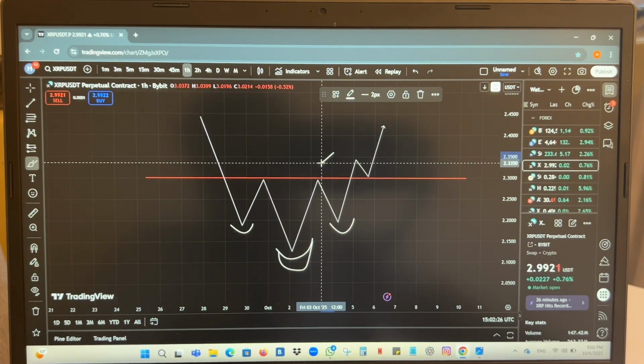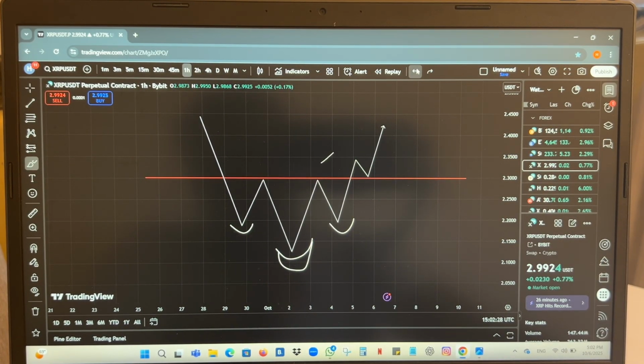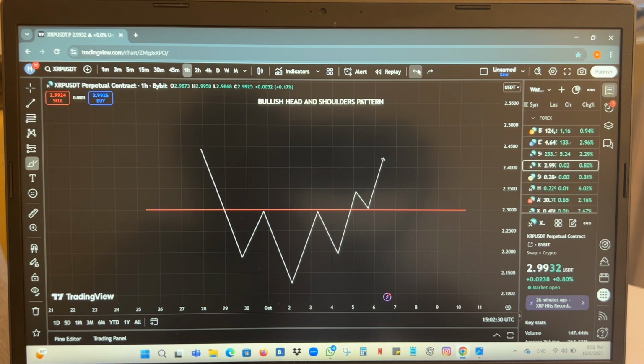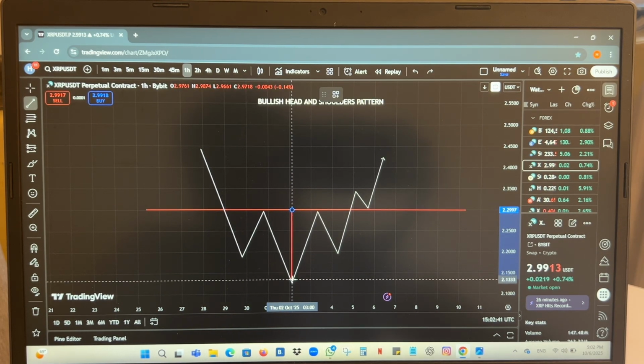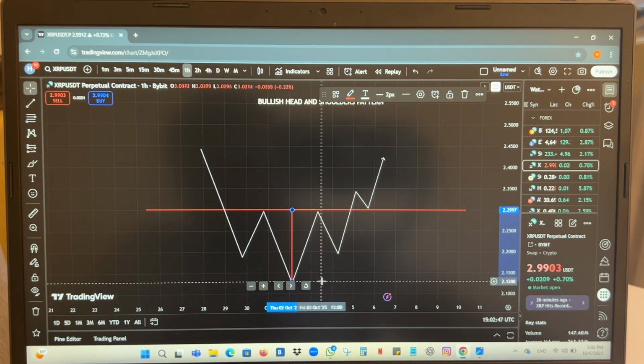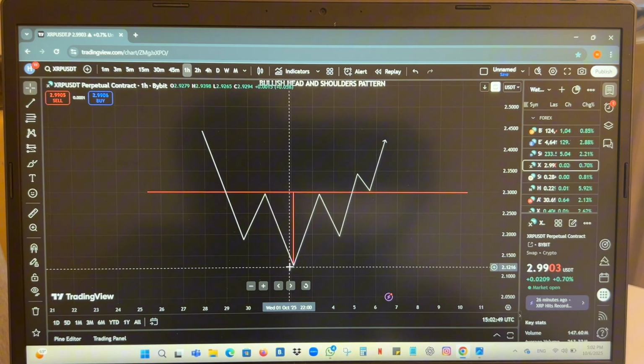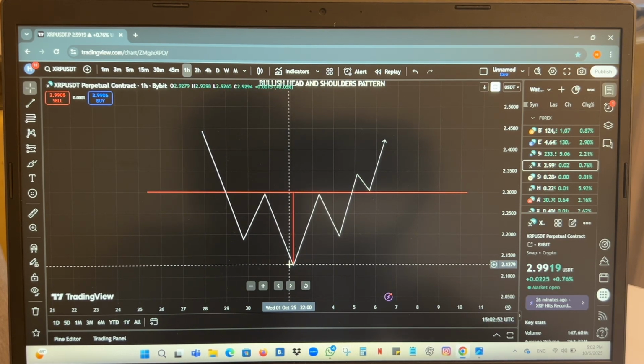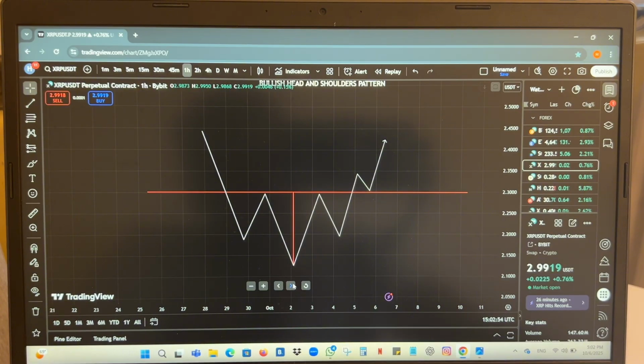So let me show you, just like before, where to put the entry level, how to get the TP levels, and where to put your SL. Beforehand, when you see this chart pattern, always get the level from the trend line to the actual wick, the actual end of the head. Go to the wick, not the body.